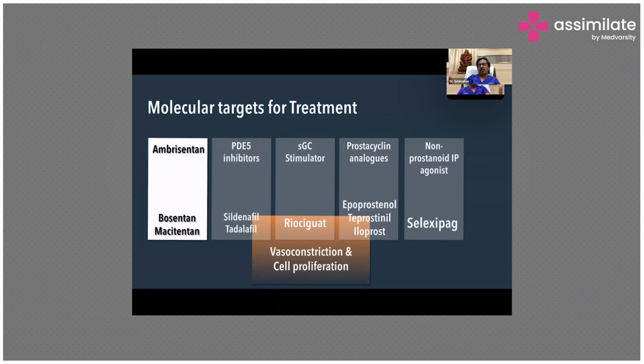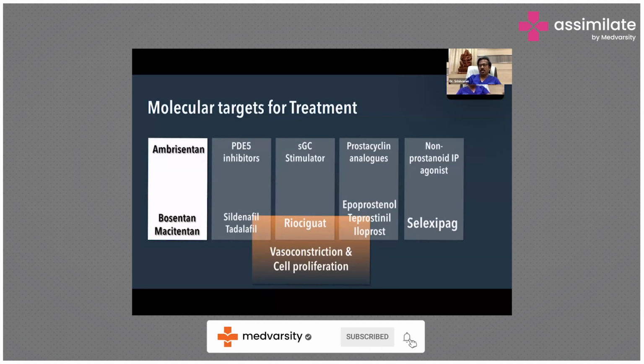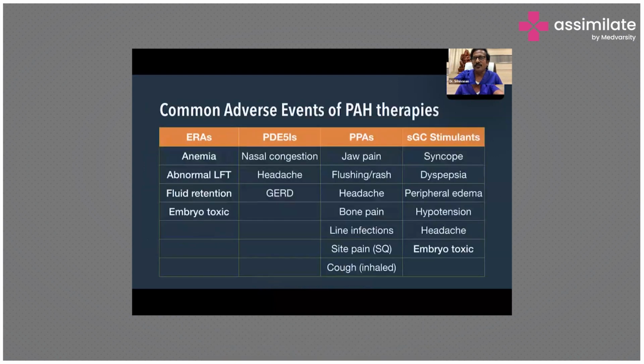And you can use prostacyclin analogs because you don't have sufficient prostacyclins because of the defective pathway. So epoprostenol, treprostinil, and iloprost are all molecules that have been used in these conditions. And you have one more, a non-prostanoid agonist, selexipag, that has also been studied in some of the trials. So these are the drugs as of now we have.